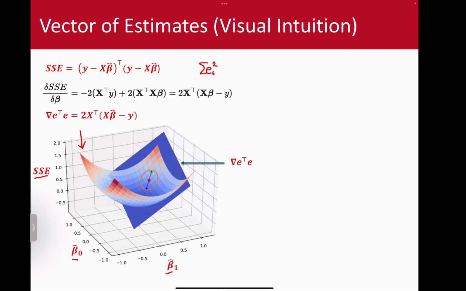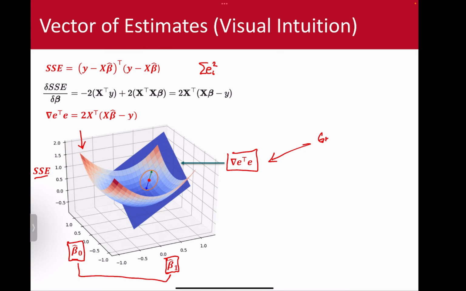So now the idea is, what values of beta 0 and beta 1 get the lowest value for SSE? The mathematical intuition is that we take what we call the derivative of SSE with respect to these beta vectors, or these two beta values, beta 0 and beta 1. This is called the gradient.